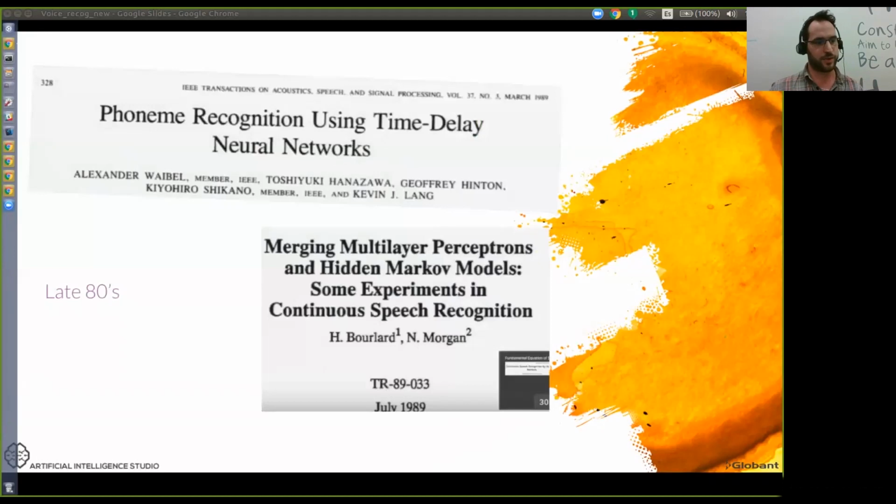So the last try at the end of the 80s was actually using recurrent neural networks for speech recognition, but they weren't very successful.